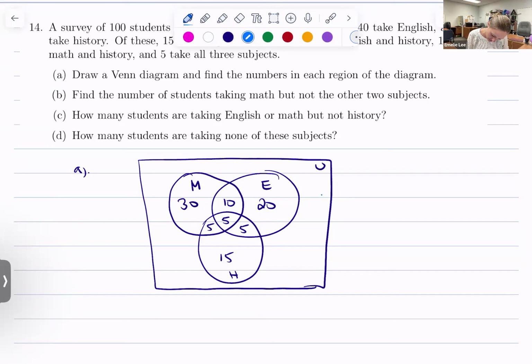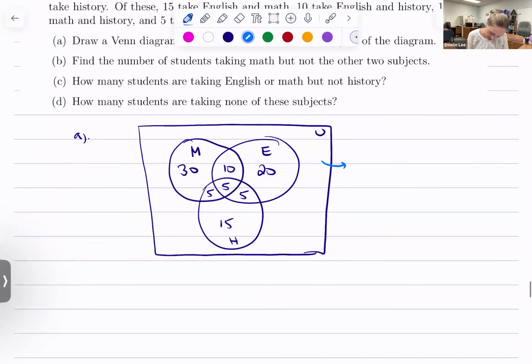This number is going to come from 100 minus 30 minus 10 minus 20 minus 5 minus 5 minus 5 minus 15. Just move methodically. So I get 10 out here.